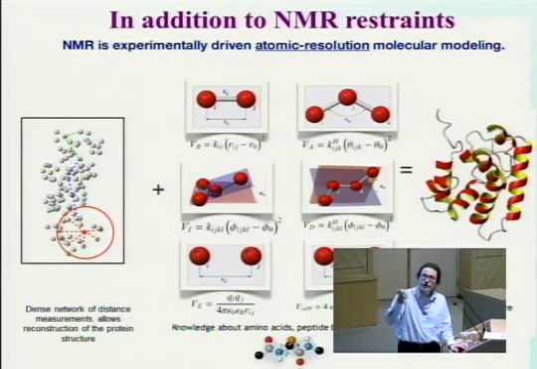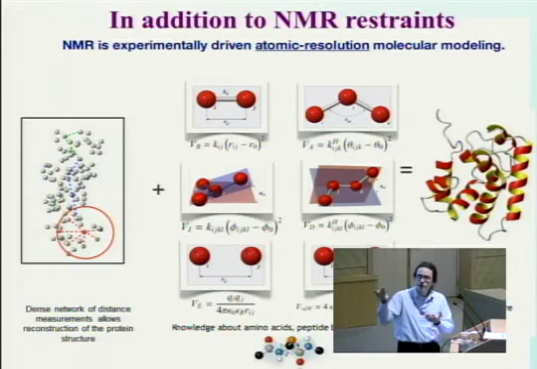So in a way, you can say this is molecular modeling, which is driven by the NMR data, because you are assuming a lot of things. You are also assuming electrostatic interactions that, of course, you don't measure by NMR, according to an external force field.